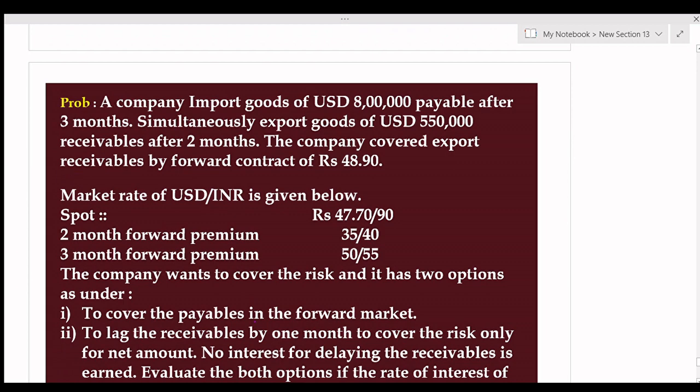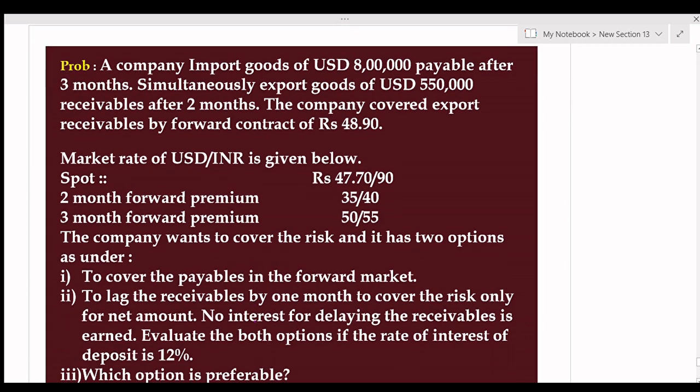Next problem. The company imports goods of USD 8 lakh payable after 3 months. Simultaneously, it exports goods of USD 5,50,000 receivable after 2 months. The company covered the export receivable by a forward contract at rupees 48.90.